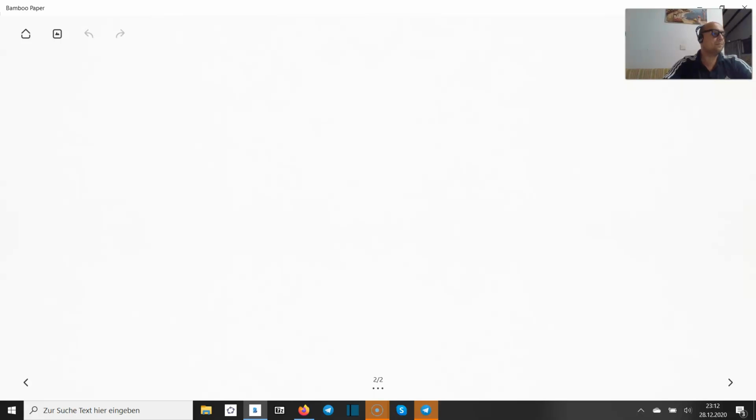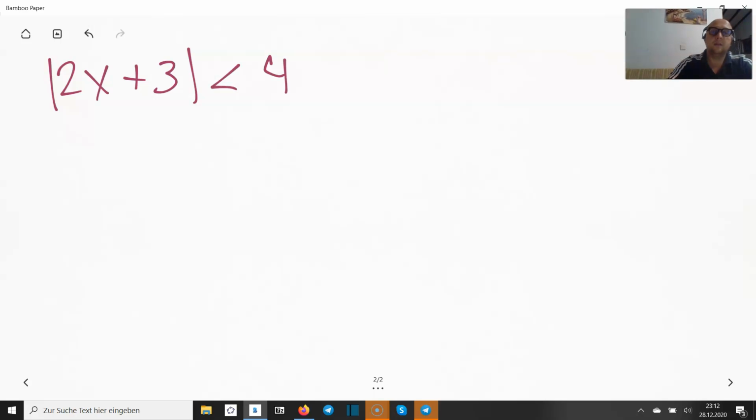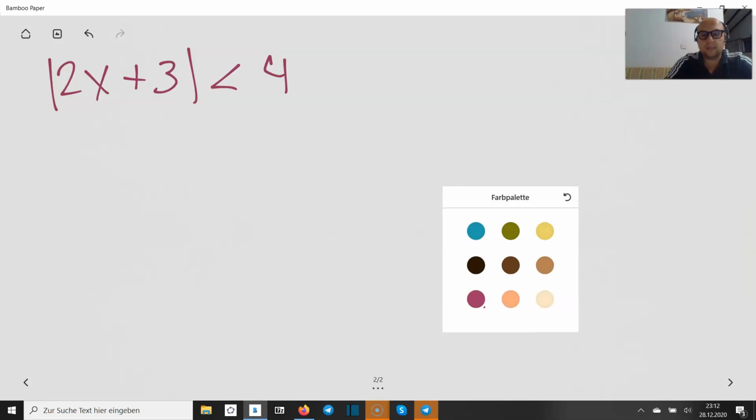The next one, let us see. Maybe we just take the absolute value of 2x plus 3 is less than 4. All right, what is the idea? It's actually the same.